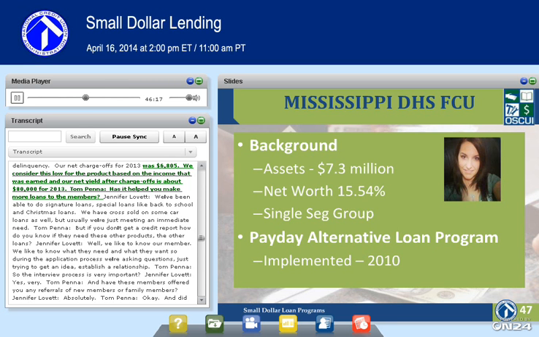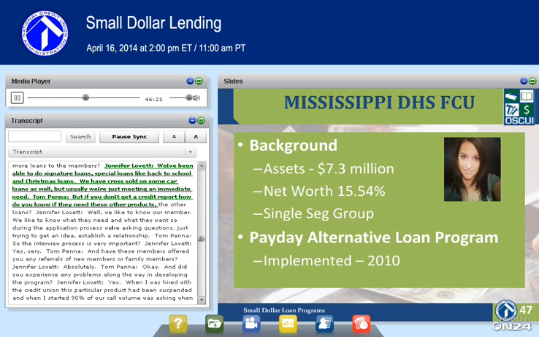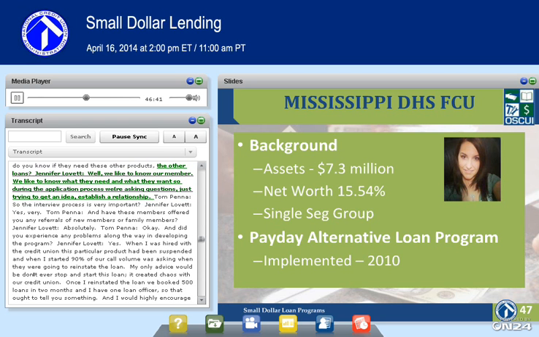Has it helped you make more loans to the members? We've been able to do signature loans, special loans like back-to-school and Christmas loans. We have cross-sells on some car loans as well, but usually we're just meeting an immediate need. Okay. But if you don't get a credit report, how do you know if they need these other products, the other loans?